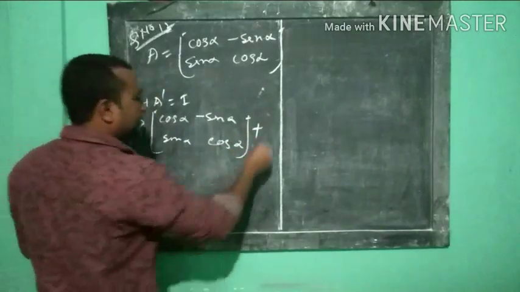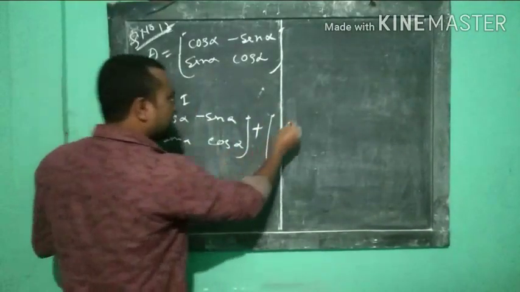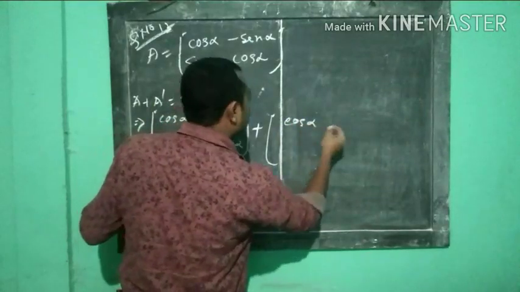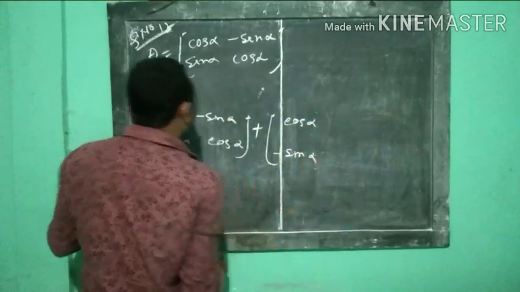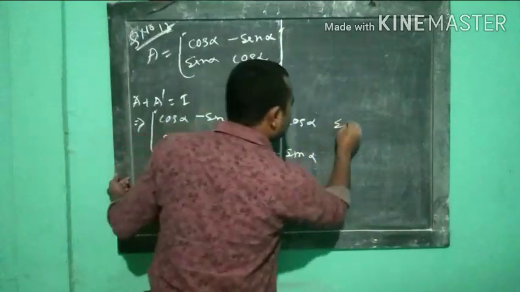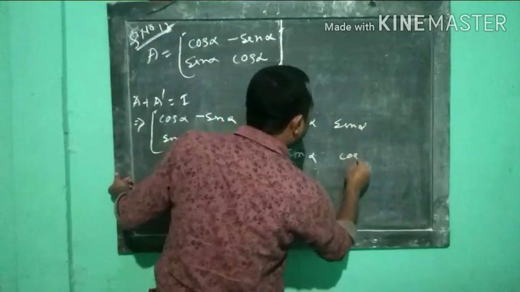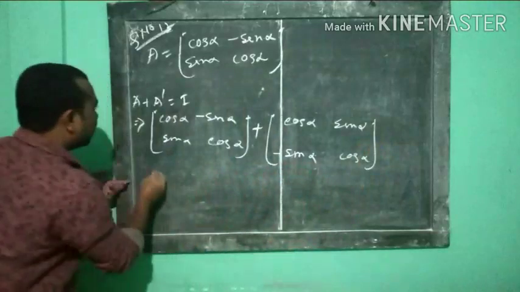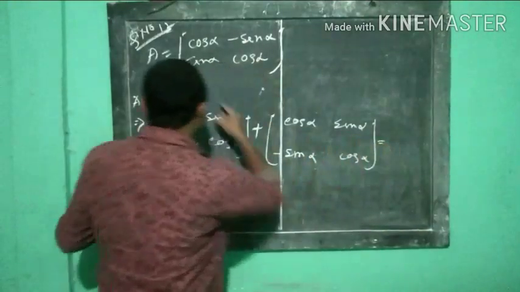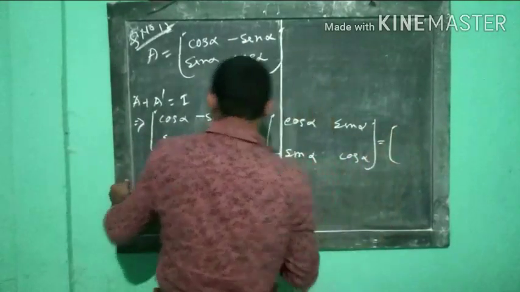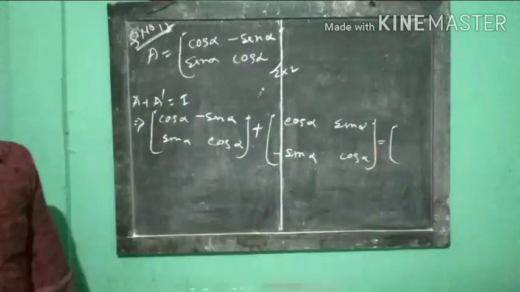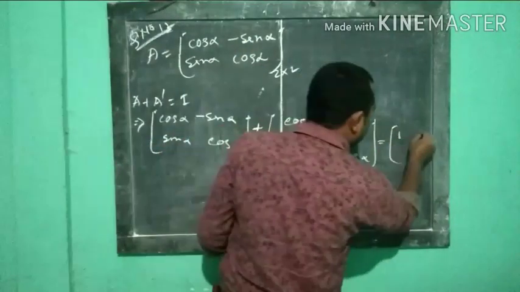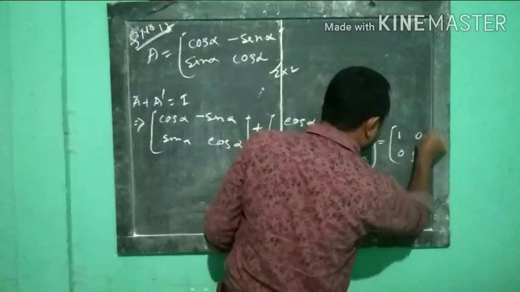Plus A transpose, just interchanging the rows and columns: cos alpha, sin alpha, minus sin alpha, cos alpha. Now this is equal to the identity matrix I. Since it is a 2 by 2 matrix, the identity matrix is also 2 by 2: 1 0, 0 1.